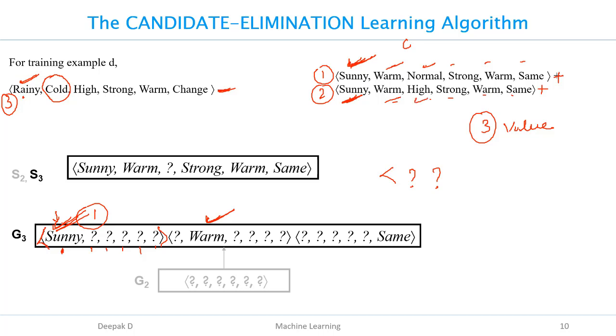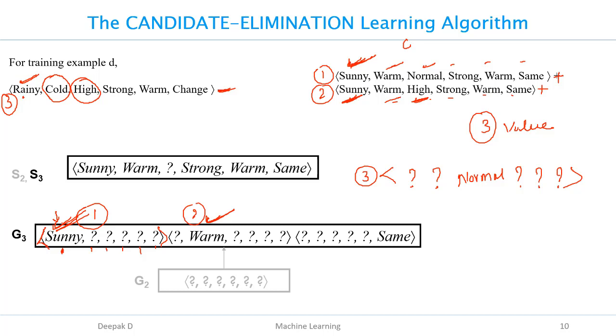In the third instance you have high, so the opposite value of it, the other value than high, is normal, and the remaining is any value acceptable. This is your third hypothesis. This is the first hypothesis, second hypothesis.